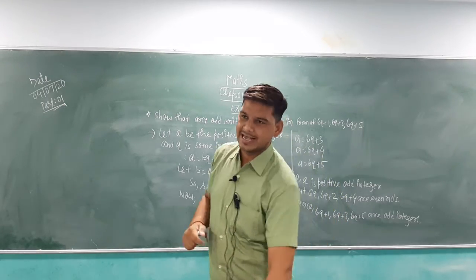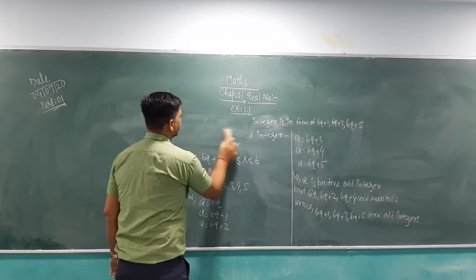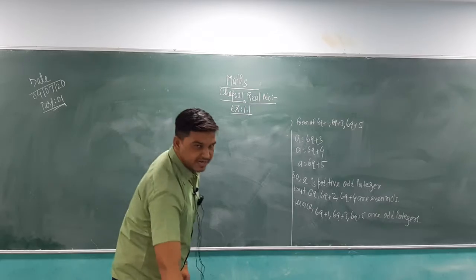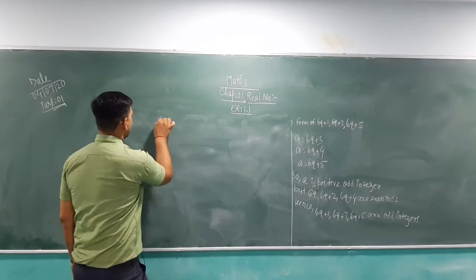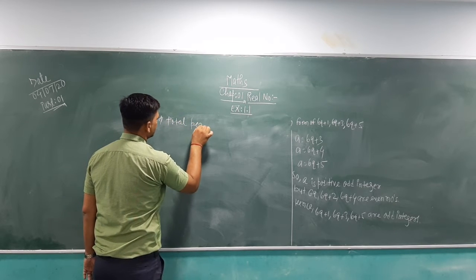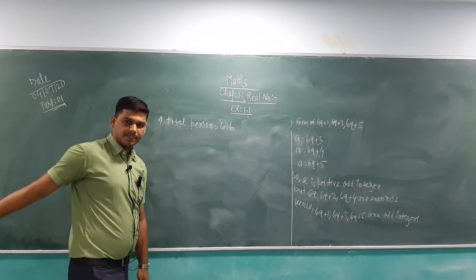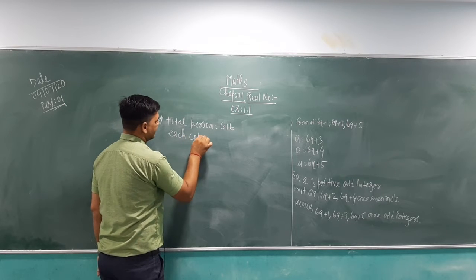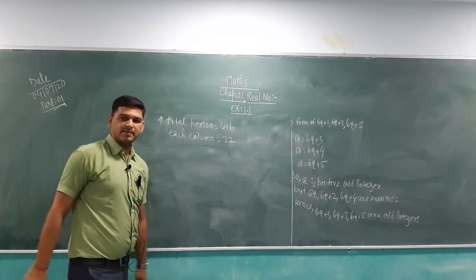So in that question, the total number of members is 616, and each column has 32 members. So I will write here: total persons is 616, each column having 32.